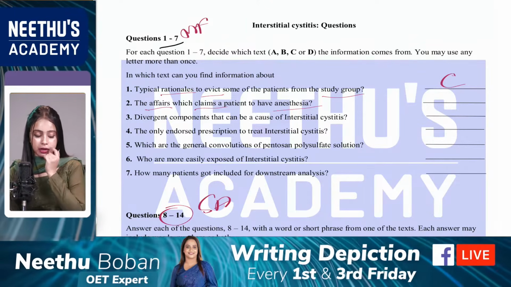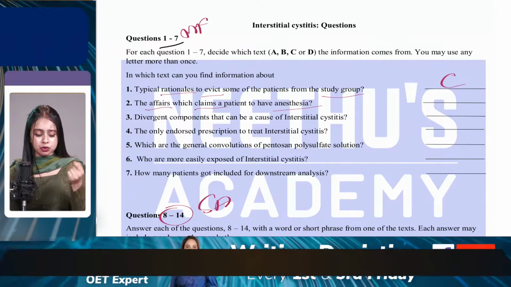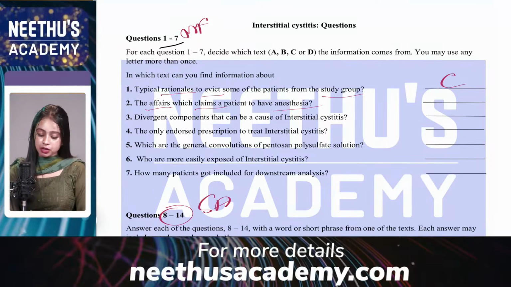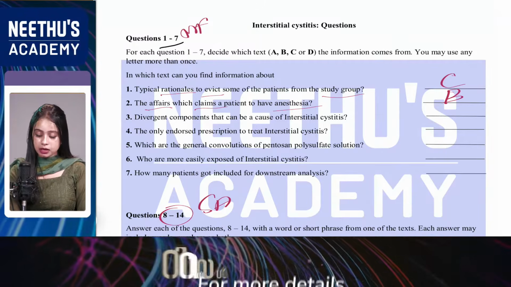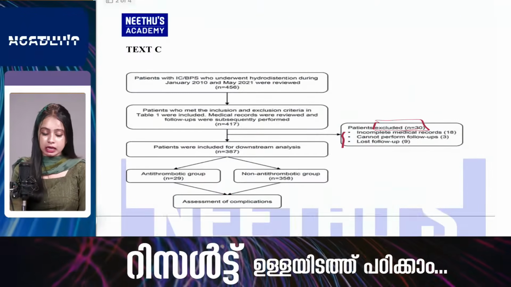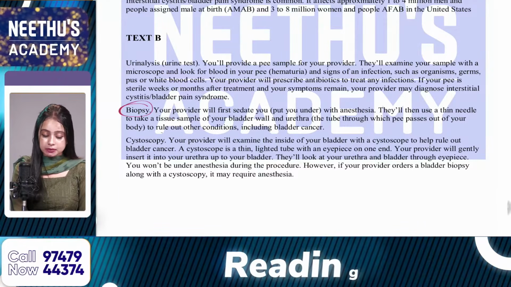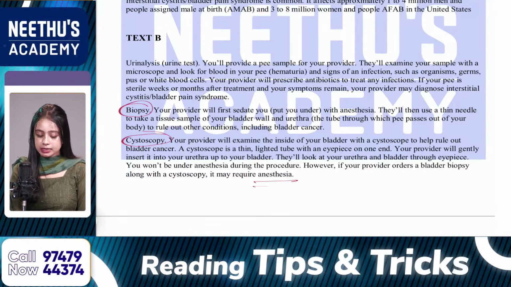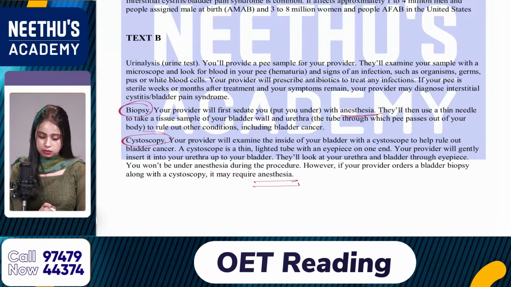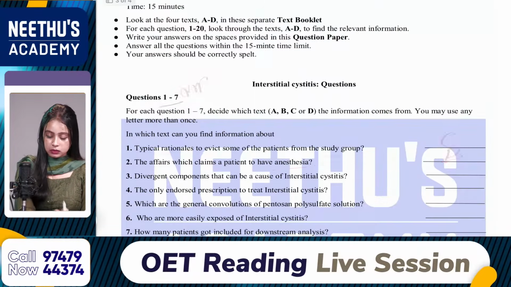Okay, Tessie, Reshma, Vidya, Ammu, Reba, Anasuya, it is text B. Very good. It is mentioned in text B, second and third para, in biopsy as well as cystoscopy, where you can provide anesthesia. So the answer is from text B.